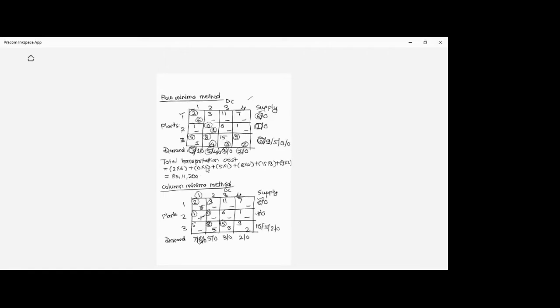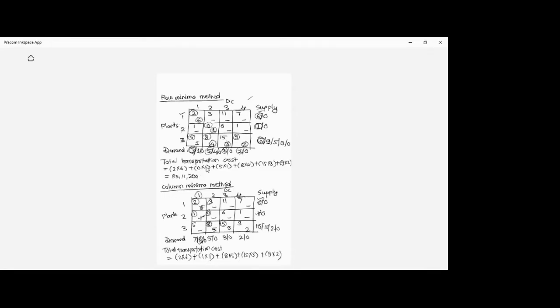So what we can do next is find out the total transportation cost. If you find out, it will be 2 into 6 plus 1 into 1 plus 8 into 5 plus 15 into 3 plus 9 into 2.